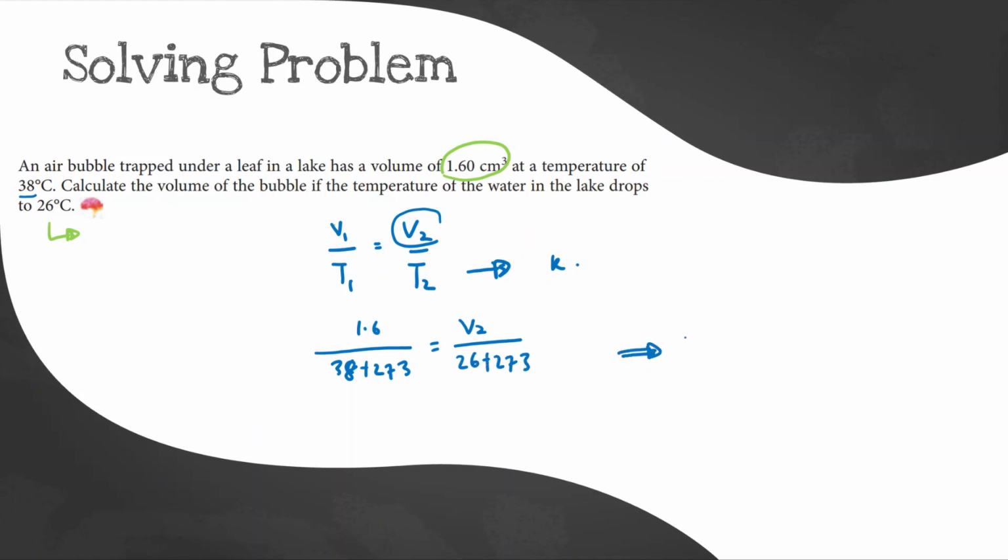Then you will get V2 lah. Okay, using your mathematician brain, so you can find this, right? In cm cube. Of course lah, sebab kita tak ubah pun kita punya this one in cm cube. Let it be in cm cube. Okay, so that's that for Charles Law.